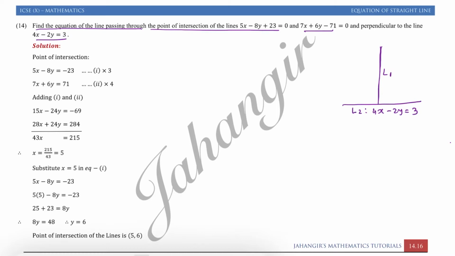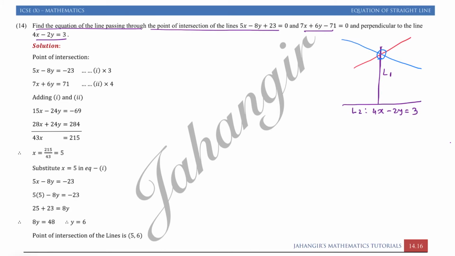And this L1 passes through the intersection of two other lines, whose equations are given.